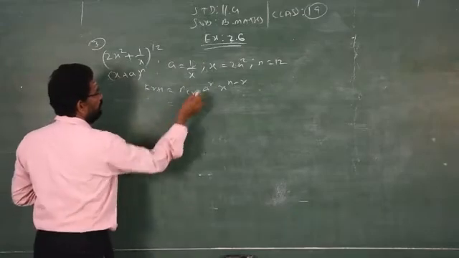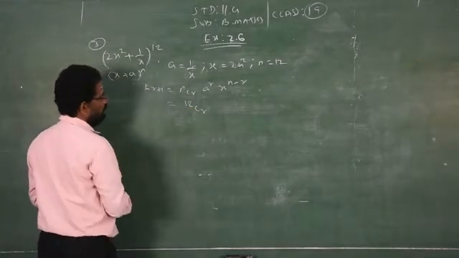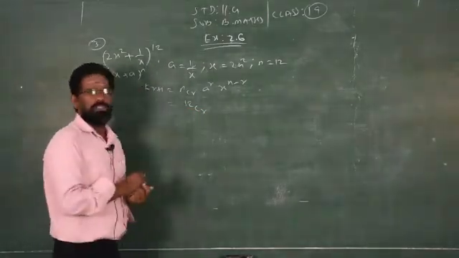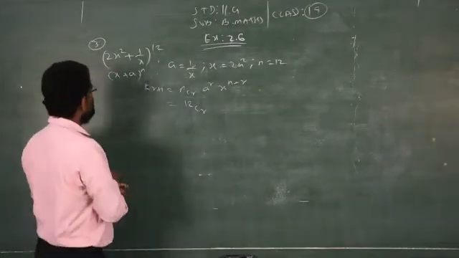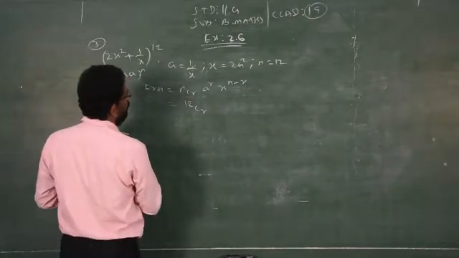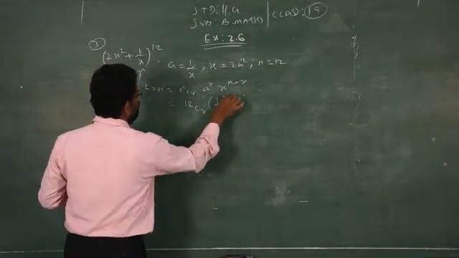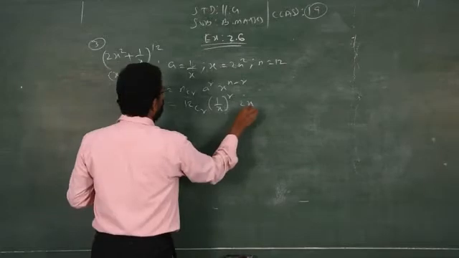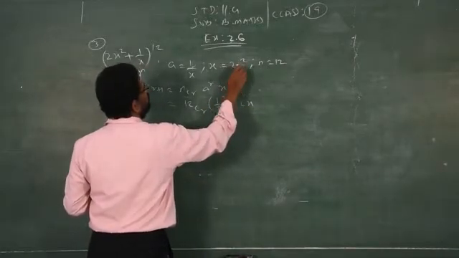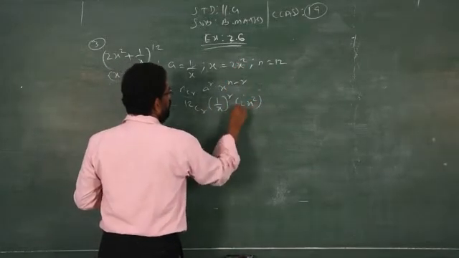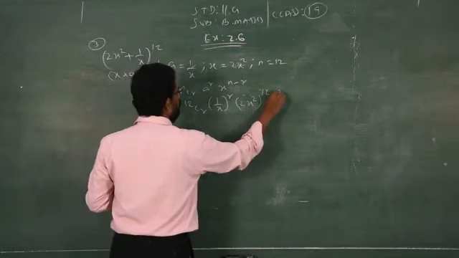In the place of n put 12. I don't know what r is, that we have to find by using the independent or constant term. So 12Cr, a is 1 by x whole to the power r, then 2x square power 12 minus r.